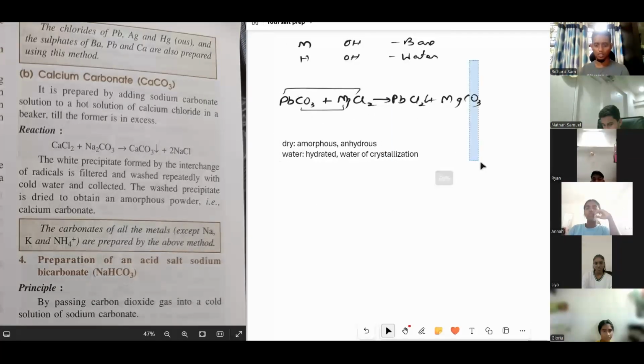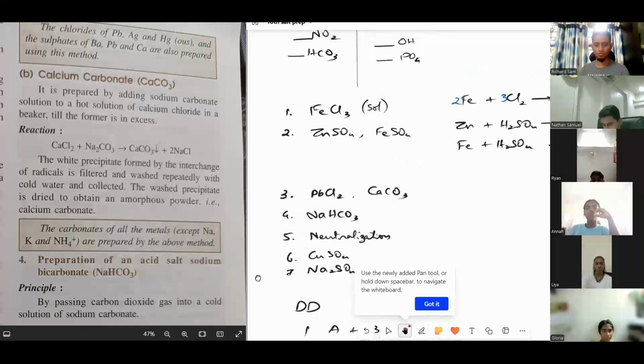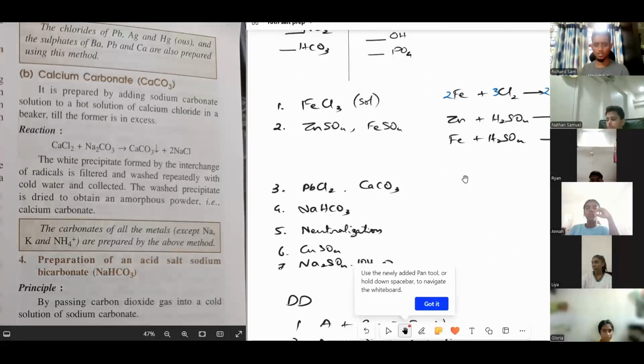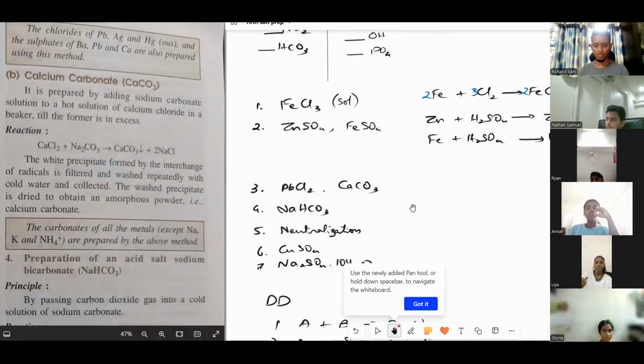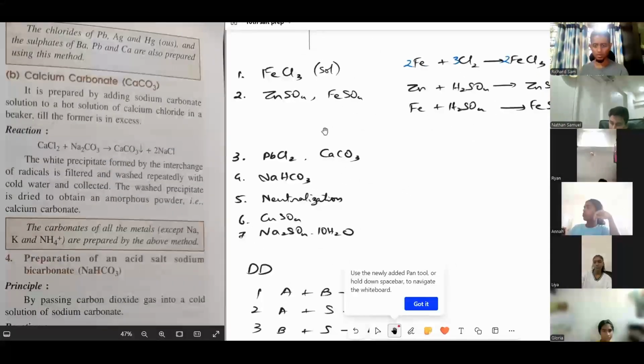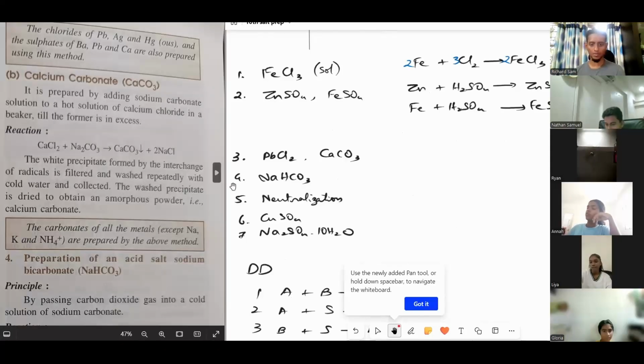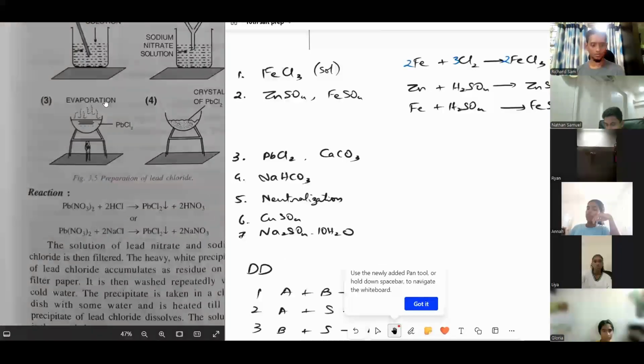Okay. Write down the reactions for this now. We have finished first and second. For the third one, lead chloride, and for calcium carbonate, write down the reactions.